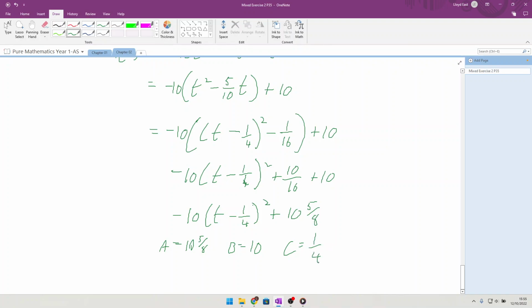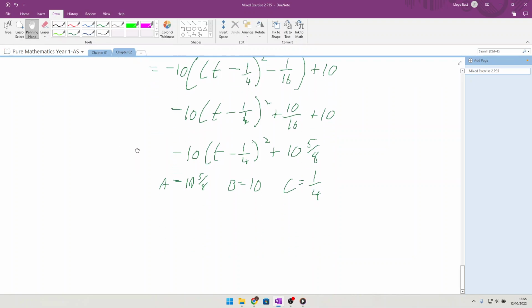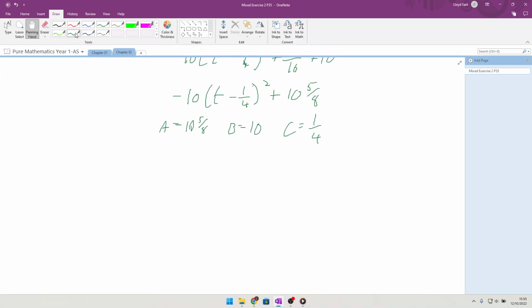Okay. Using the answer to part C to find the maximum height of the diver and the time at which the maximum height is reached. So because we have done completing the square, we can actually redraw the picture. We know it comes out in parabolic like that.